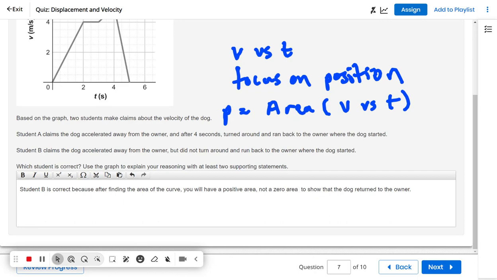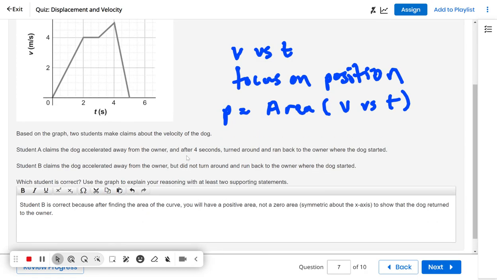And you know what? Symmetric, let me teach you something new about the x-axis. There you go. Now, that's one reason. We need a second reason.